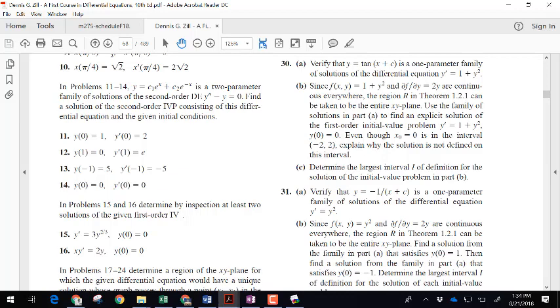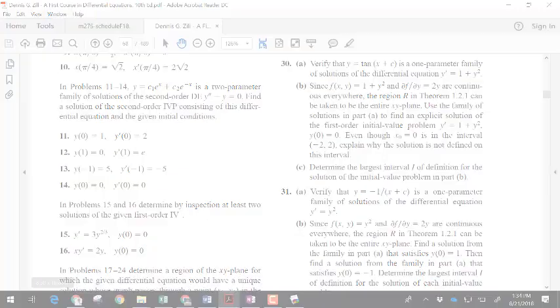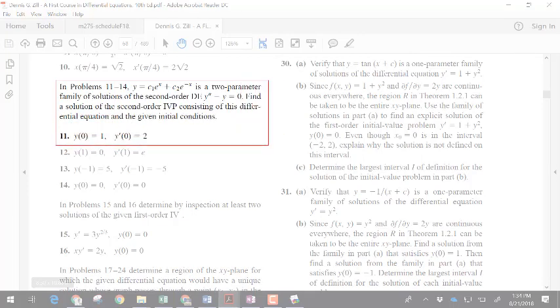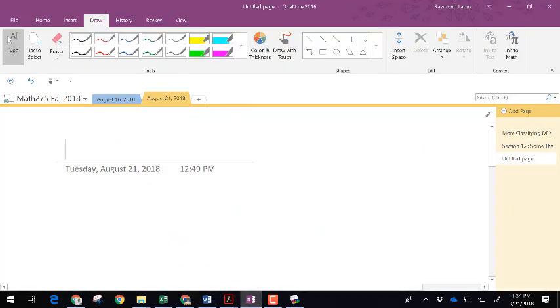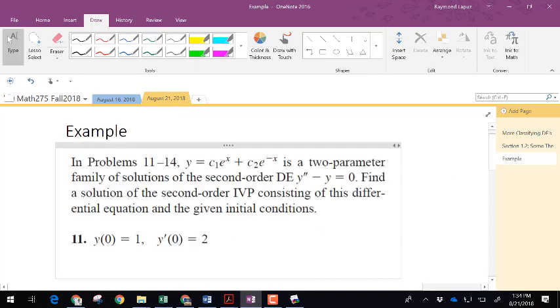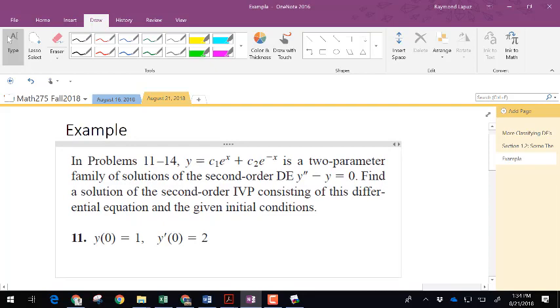Number 11. So we have a differential equation, y double prime minus y is equal to 0.